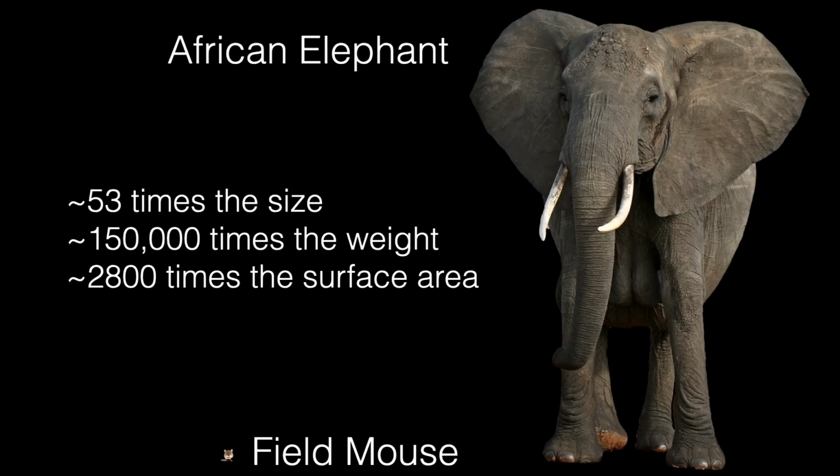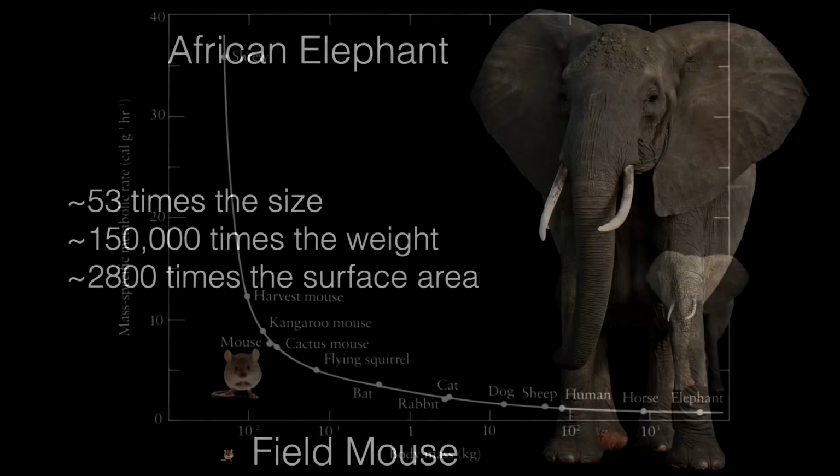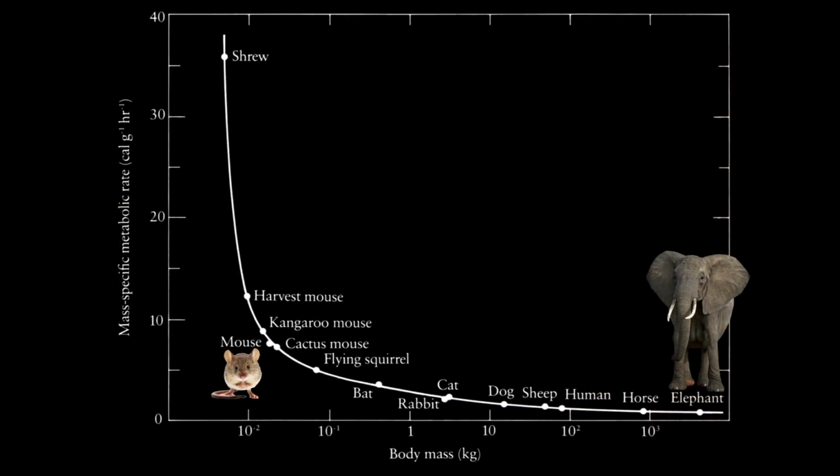Each square inch of the elephant's skin must get rid of 53 times the heat as the same square inch of mouse skin. The amount of heat produced by the chemical reactions within a body depends on the weight of the tissue, which in turn depends on its volume. The rate at which such heat is lost depends on the surface area of the body, roughly speaking.